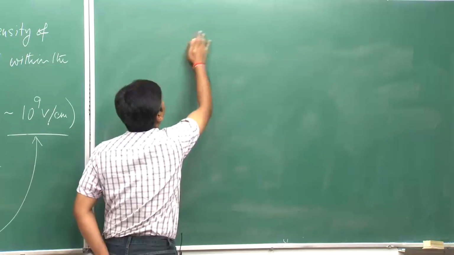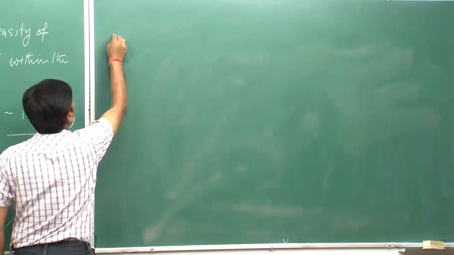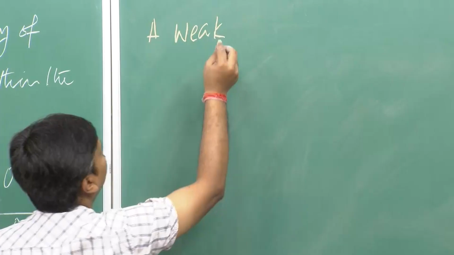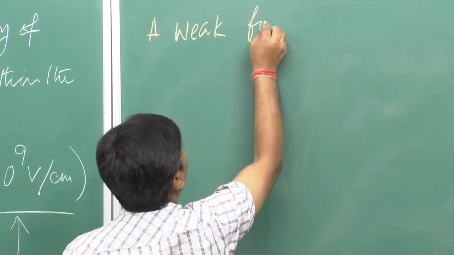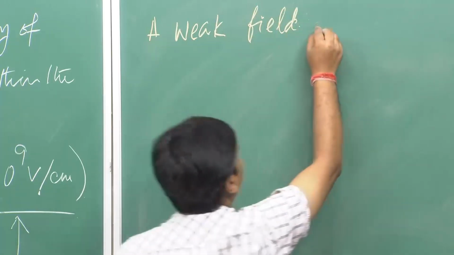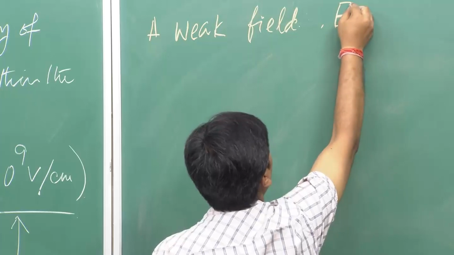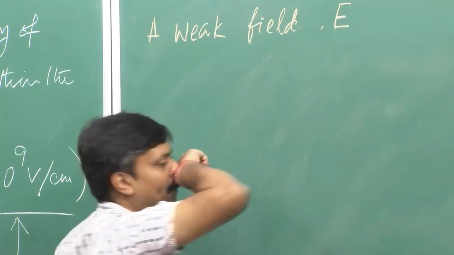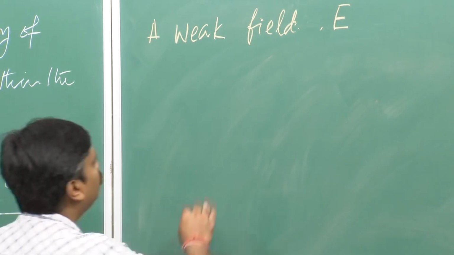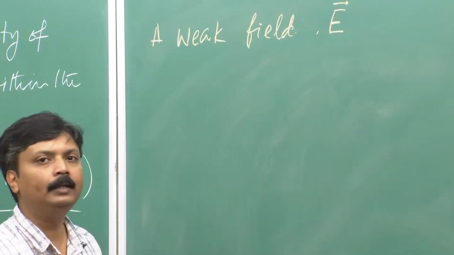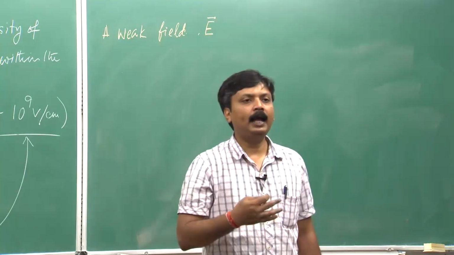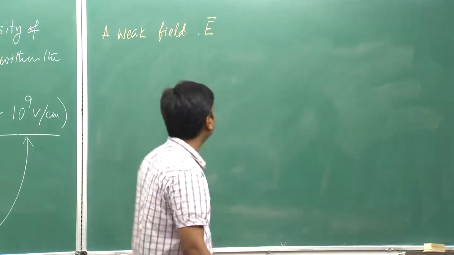Okay. So, now let us consider a weak field. Say we call it E. This weak field, when it interacts with matter, what will it do? It will create an electric induction.